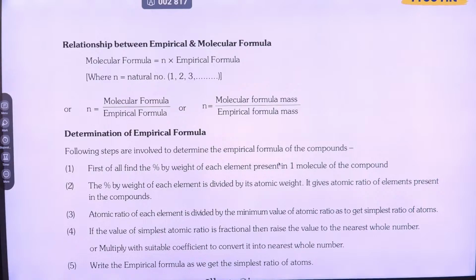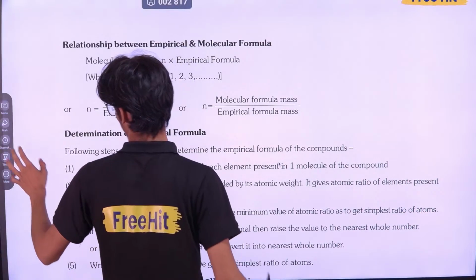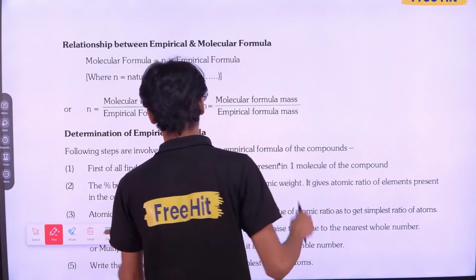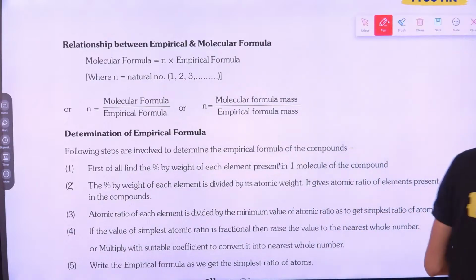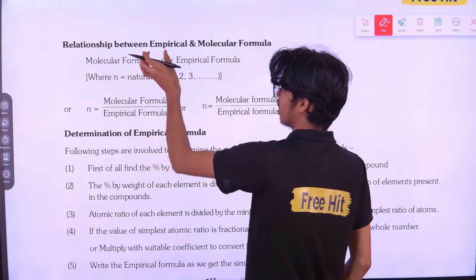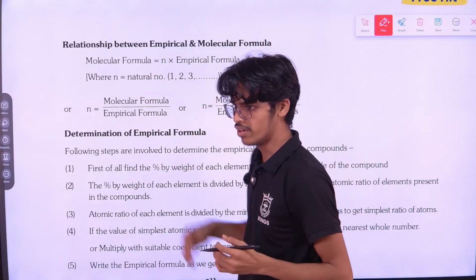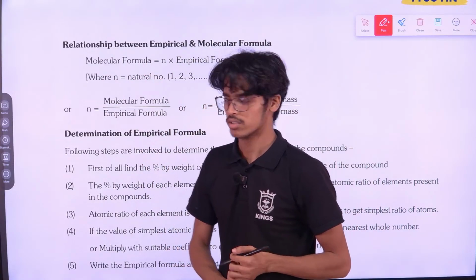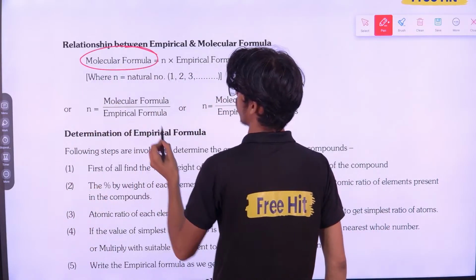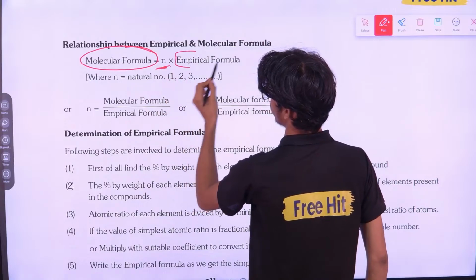So here is, I'll say, one of the most important parts of the chapter, because most of the time the questions are going to be formed from this, in boards, NEET, JEE sometimes. See, the relationship between empirical and molecular formula. The molecular formula is always some number times the empirical formula.